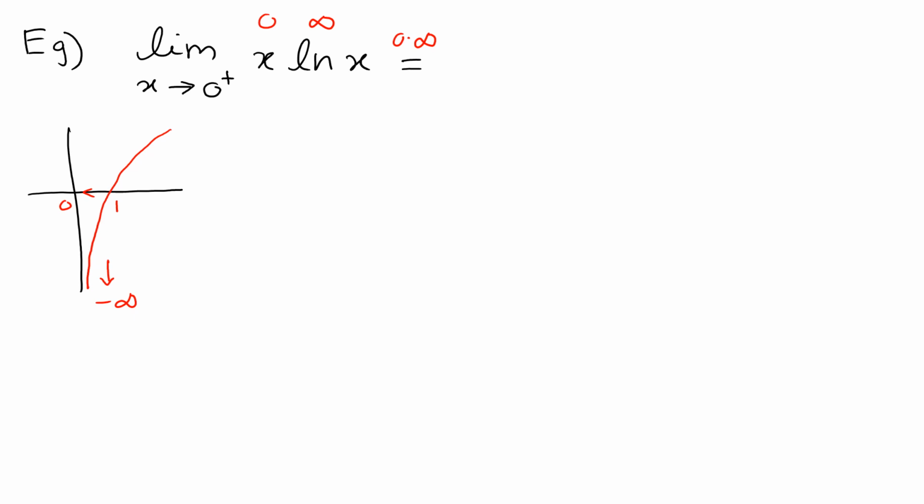We have a polynomial term x and another function, the natural log function. The x is easy to manipulate, so we can divide the top and the bottom by x. If you divide the top and bottom by x, this is going to be ln x divided by 1 over x.